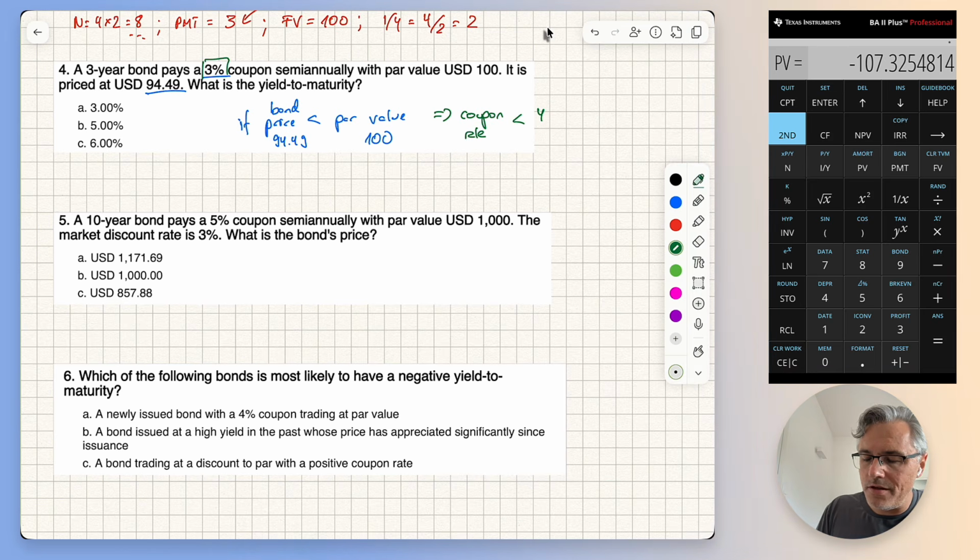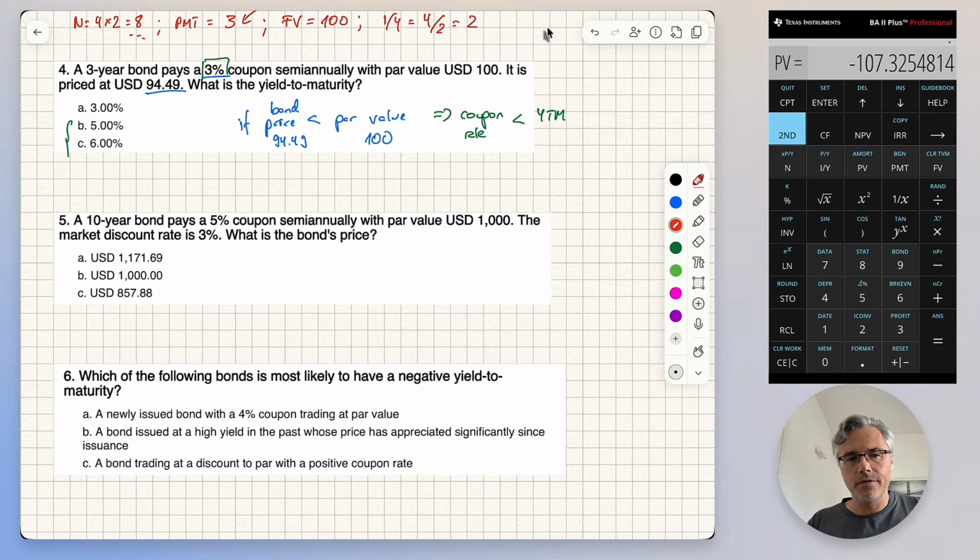So coupon rate is lower than the yield to maturity or required rate of return. So the answer can't be 3, it has to be either 5 or 6. You've boiled the choice down to 5 or 6, which, if you don't have time, is still better than shooting. If you're going to guess, it's better to guess from a narrower spectrum than from 3 options. But let's solve this properly.